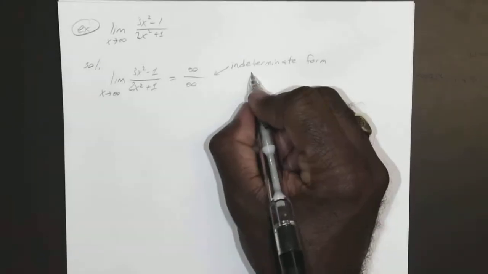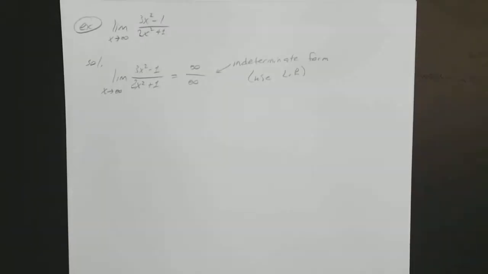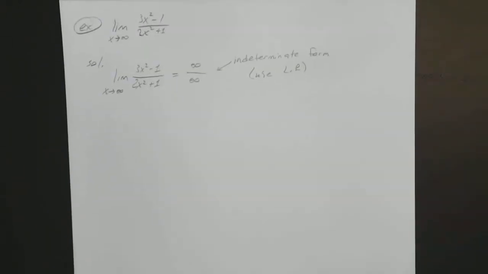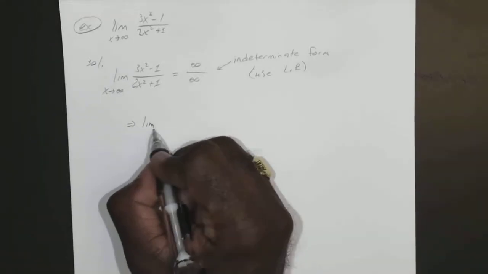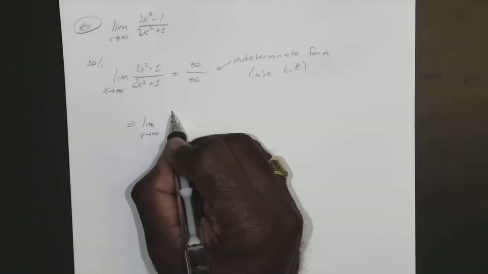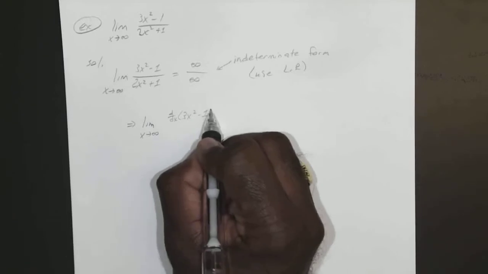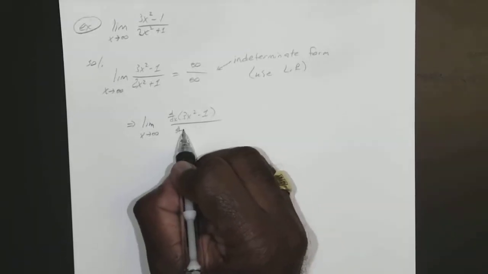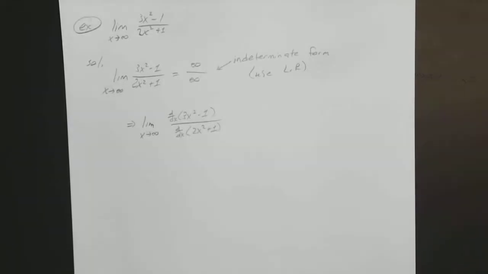Okay, so that means we can use L'Hopital's rule. So that means you have the limit as x approaches infinity of the derivative of 3x squared minus 1 over the derivative of 2x squared plus 1.